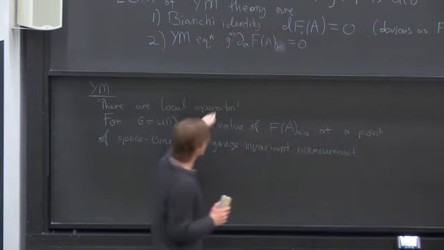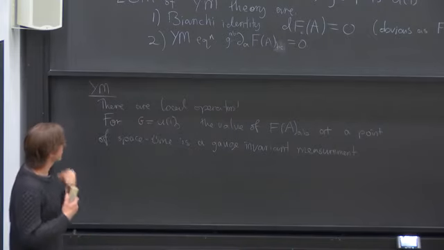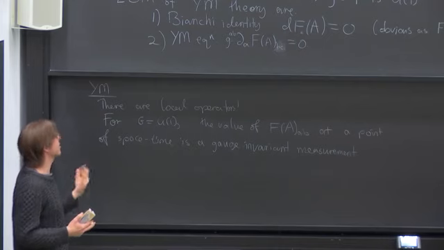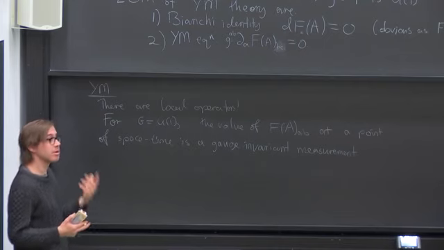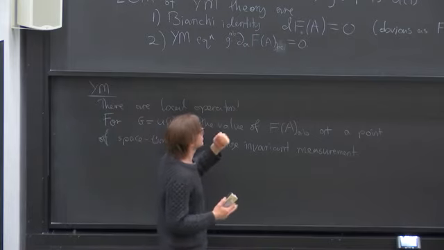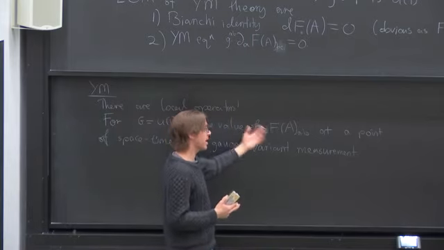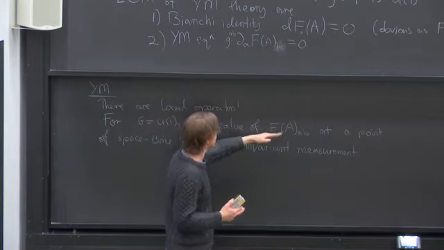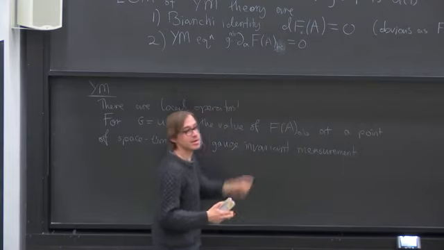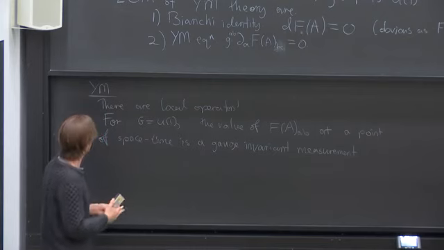So one way to say what we're describing is that for the group U1, you can think of Yang-Mills theory as not a theory of a one-form, but a theory of a two-form with no gauge symmetry. So we can just measure the value of that two-form at a point, and that's a gauge invariant measurement.